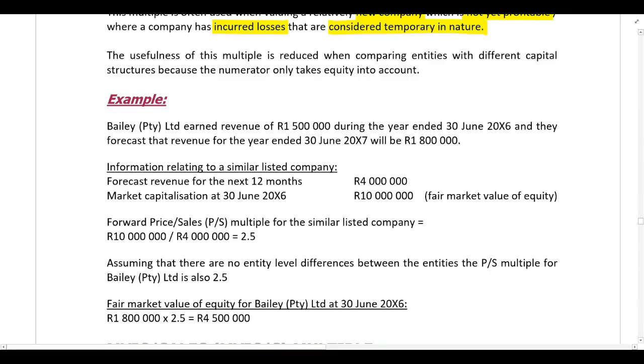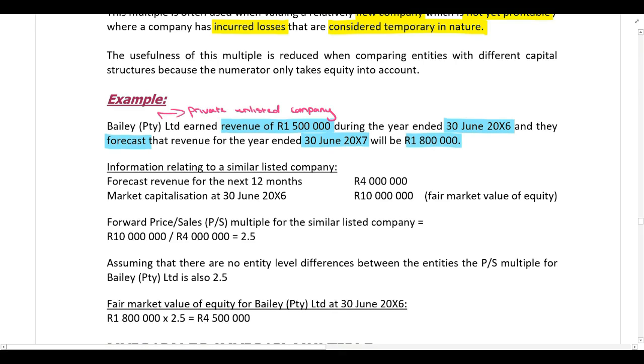Bailey Pty Limited, so this is obviously a private unlisted company, earned revenue of 1.5 million during the year ended 30 June 20X6, and they have forecast revenue for the year ended 30 June 20X7 to be 1.8 million.